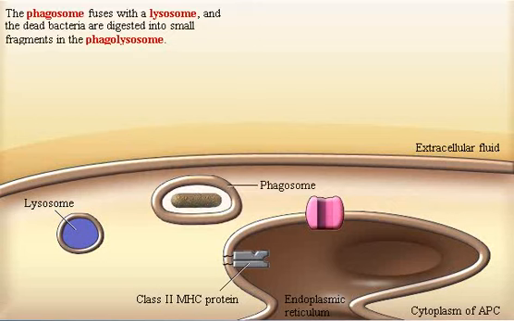The next step of the process is the same as for macrophages discussed in Topic 3. The phagosome fuses with the lysosome, and the dead bacteria are digested into small fragments in the phagolysosome. Click the phagosome to fuse it with the lysosome.